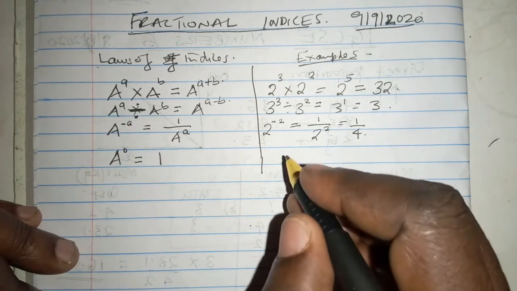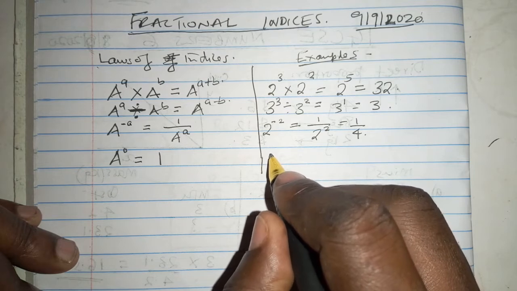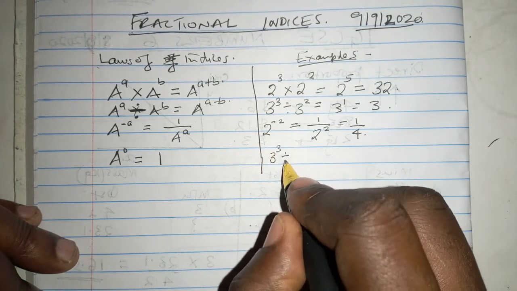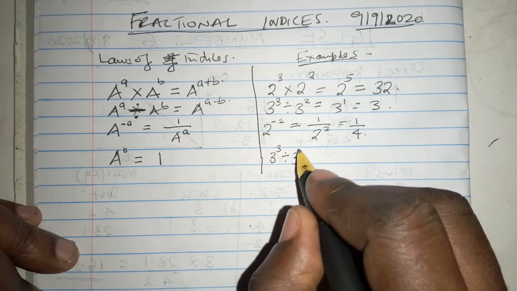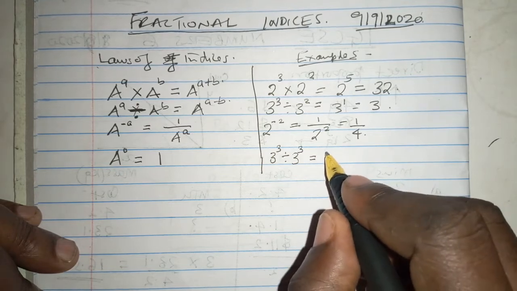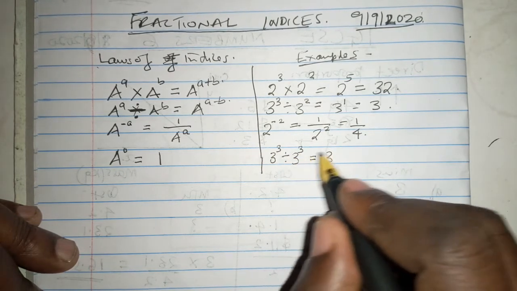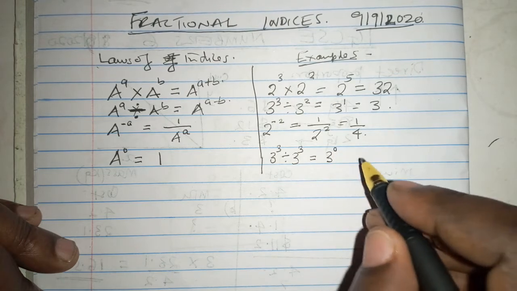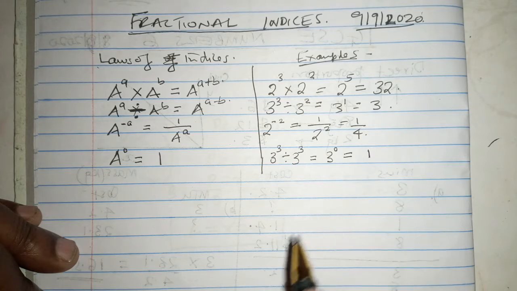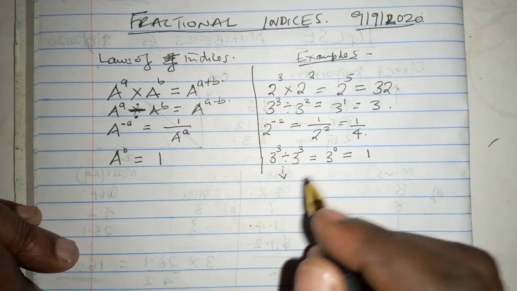For example, 3 raised to power 3 divided by 3 raised to power 3 is the same as 3 raised to power 3 minus 3, which is 3 raised to power 0, and we are saying this is just 1. How does it get to 1? Let us elaborate this further.